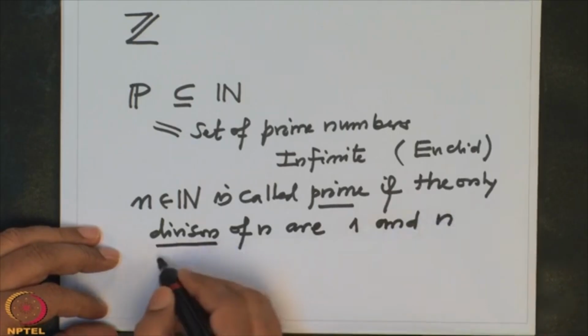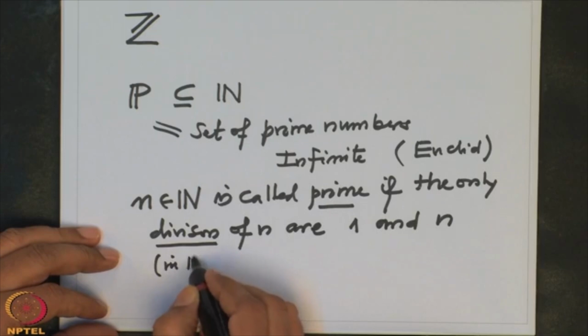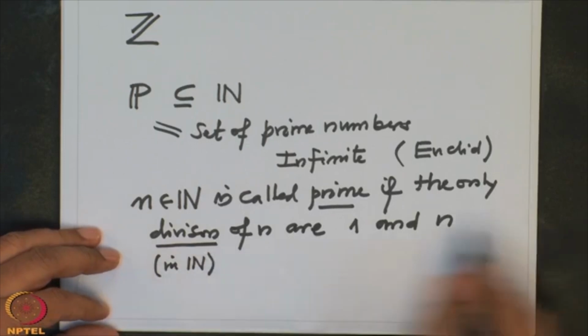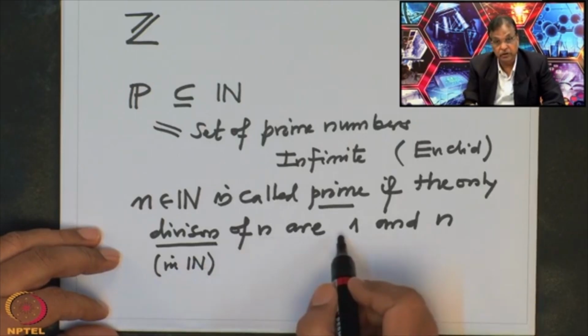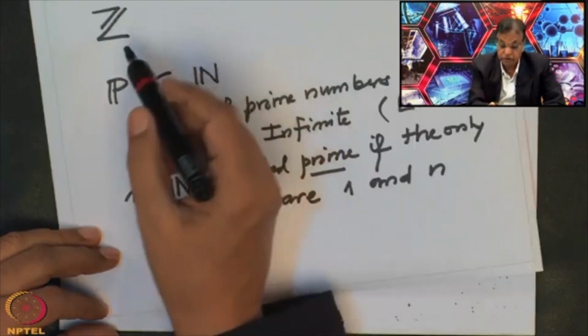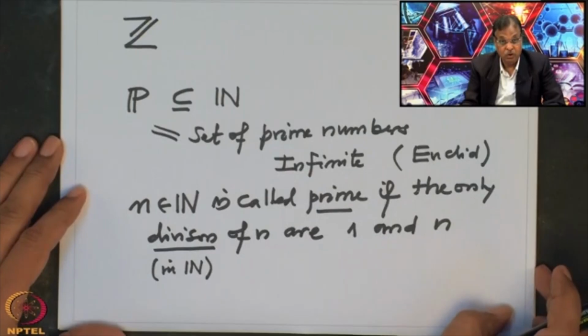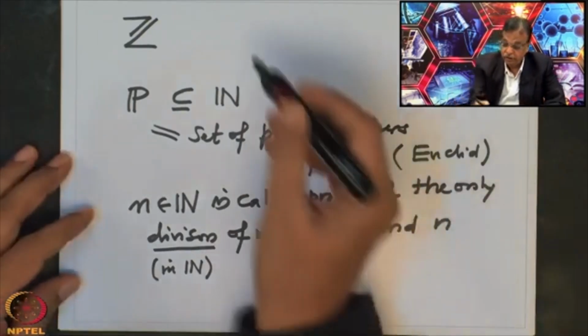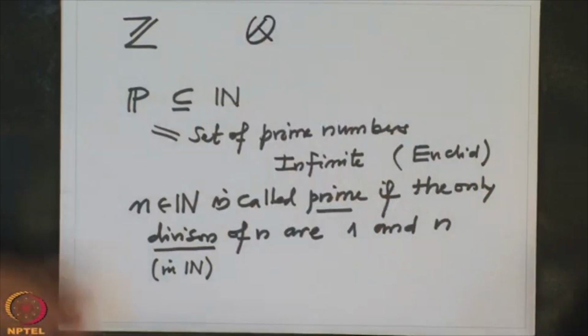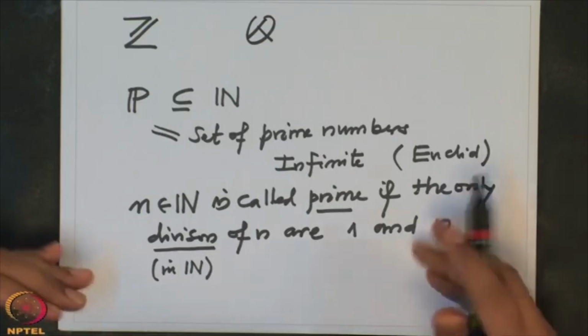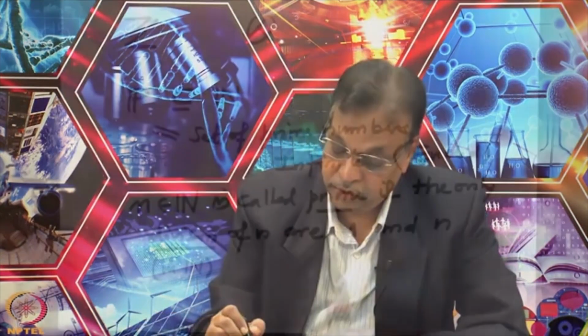And when I say divisors, we should better write in N. This is very important, because minus n is also a divisor of n if you allow divisors in Z, or if I go to rational numbers, then anybody will divide n, because I am allowed denominators. 1 by n will also divide. So it is very important to say where you are taking the divisors.